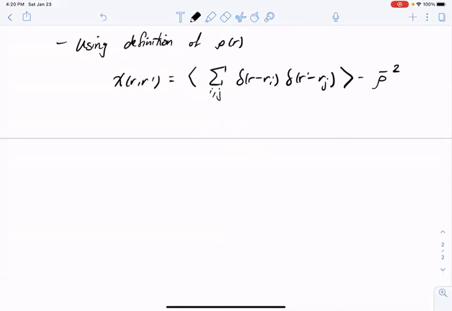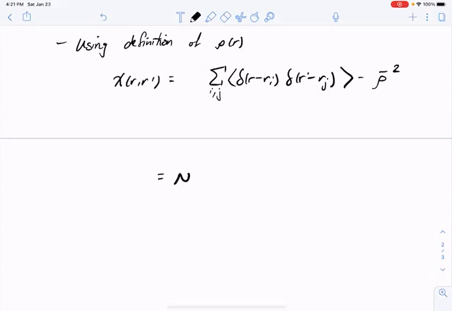Again, if all particles are statistically the same, I can bring that averaging operation inside, like so. And I can do one more thing, which is to note that that double sum contains elements where i is equal to j and elements where i is not equal to j.